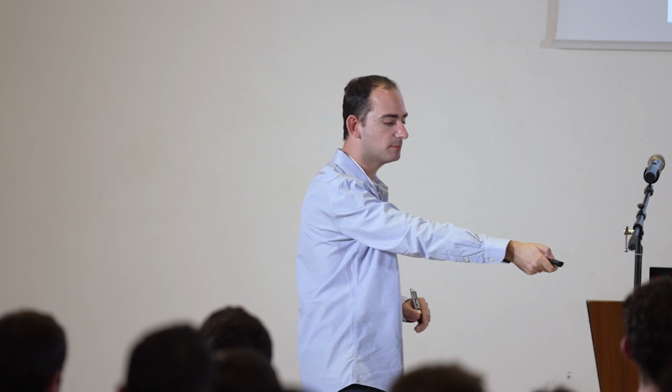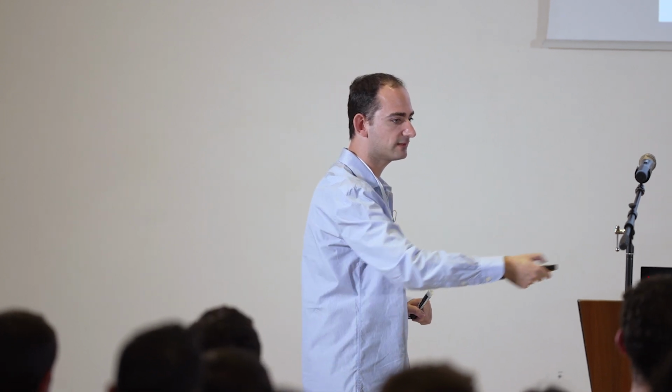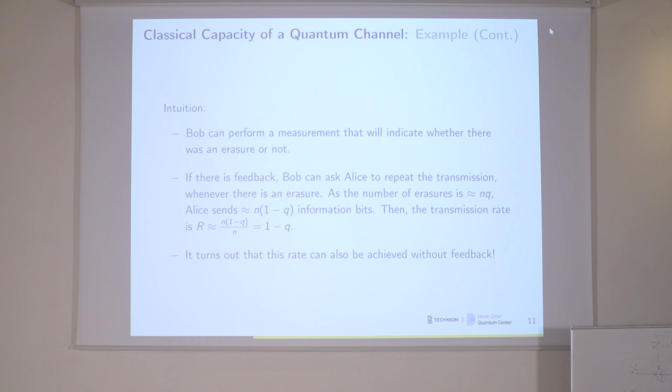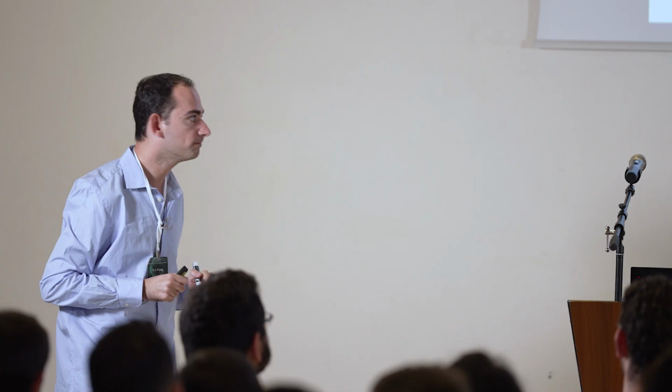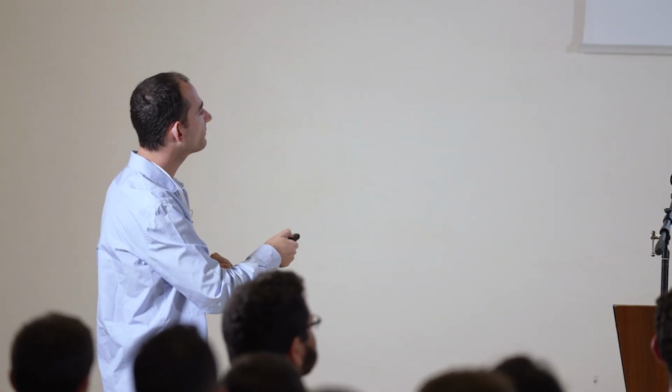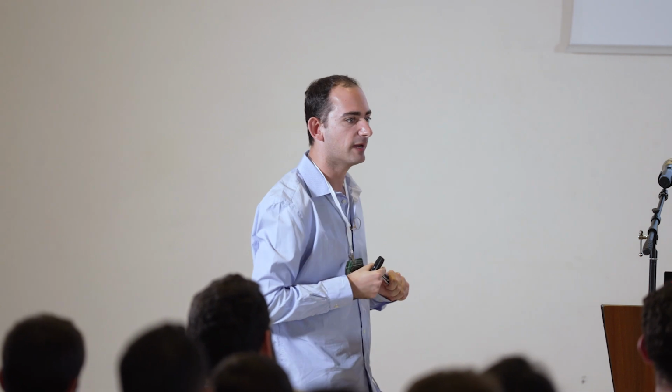It can be a simple model for photons that are lost, for example. Before I give the result, I'd like to give some intuition. Since the erasure state is orthogonal to the qubit state, Bob can perform a measurement that will determine with certainty whether there was an erasure or not. So let's suppose for a moment that there is feedback. What does this mean?